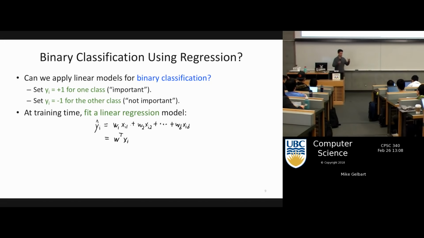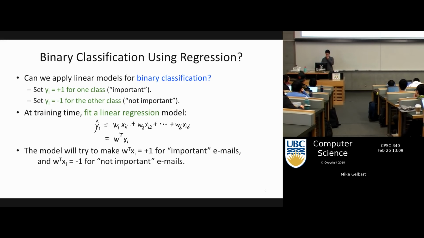And remember, today we're going to be talking about predictions. So here's how I'm going to make predictions. I'm going to compute W transpose X, and I'm going to get some Y, but that Y is going to be any number. It's not going to be +1 or -1. But I'm going to try to use that output of the linear model to do classification for me.